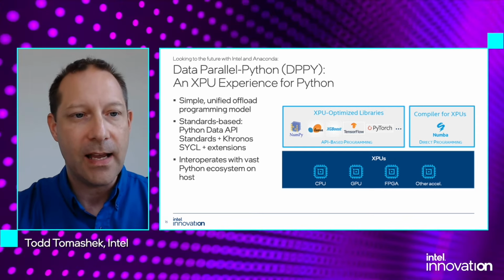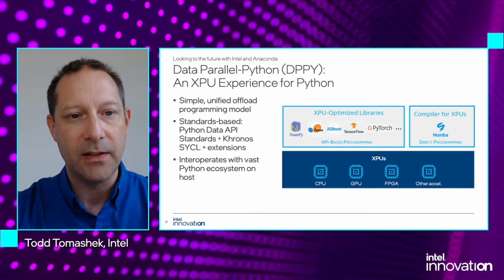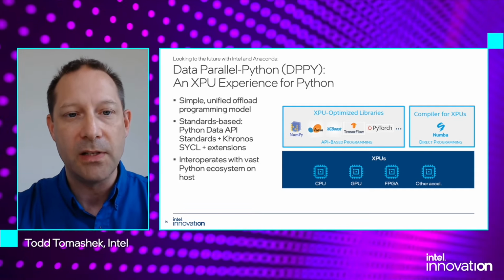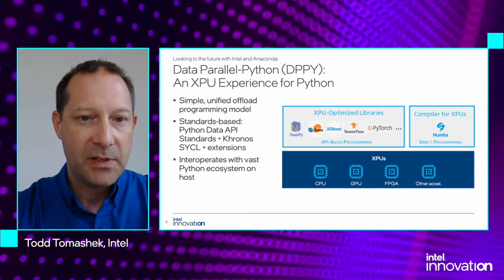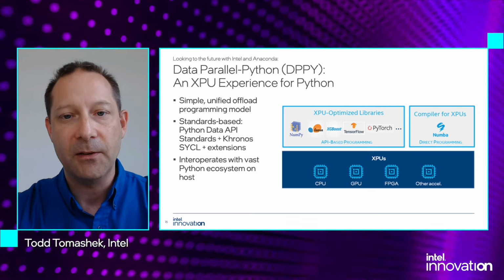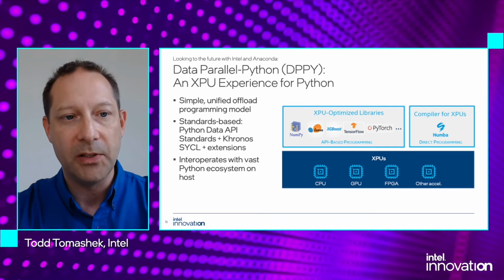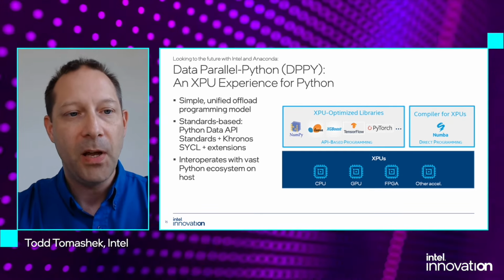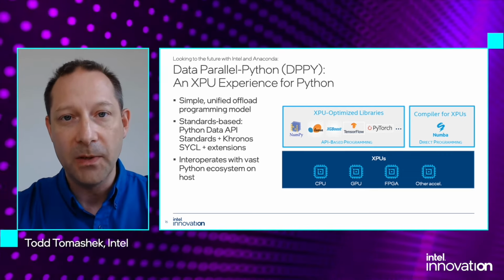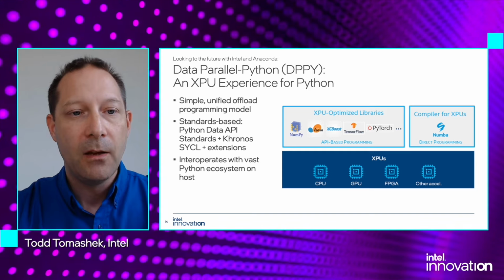As I said, data science is very critical to the industry, and it's so critical that it's grown beyond CPUs and GPUs to even other types of accelerators. Intel's oneAPI offers the promise of heterogeneous compute across multiple different XPUs. For Python, we have Data Parallel Python, or what we call DPPY.